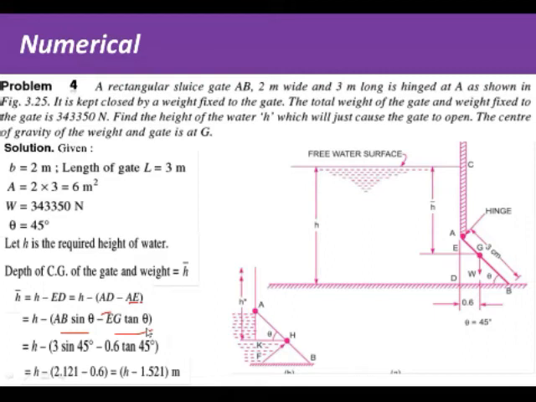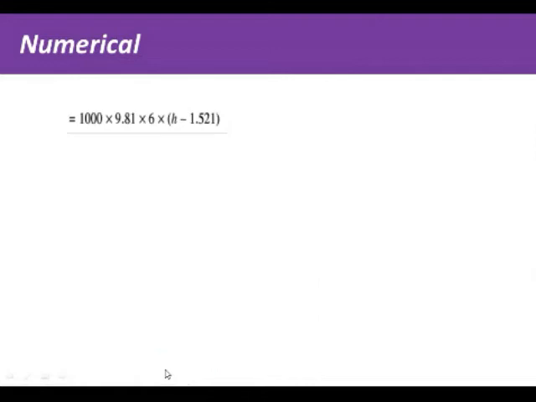So this is the value of H bar, the location of center of gravity from free liquid surface. That is H minus 1.521 meter. After that we can calculate the total pressure force. The total pressure force is given by rho g A H bar.